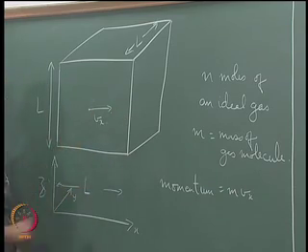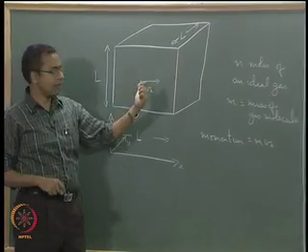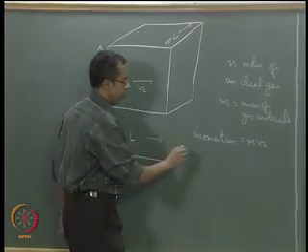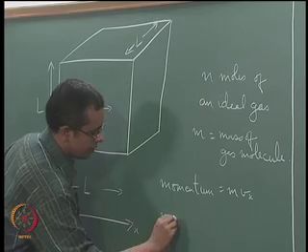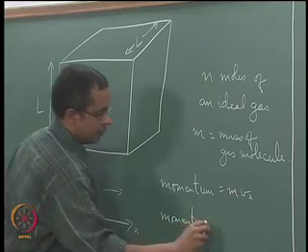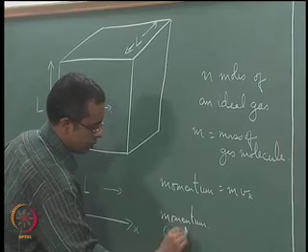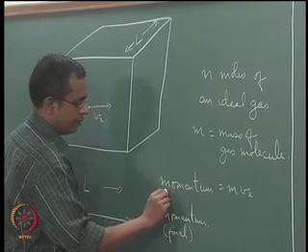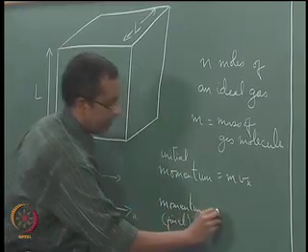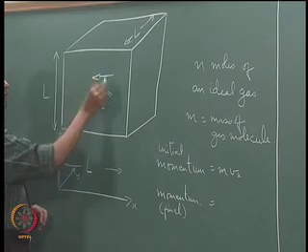Let us say it collides with this face out here, and then it bounces back, and we will assume that this is a large box and the collision is elastic. So it bounces back. Momentum after collision, so we will say this is final, this is initial, it will be headed back after collision with Vx in the opposite direction.